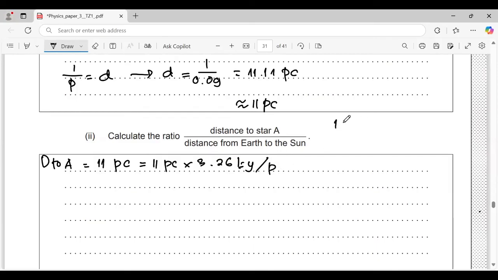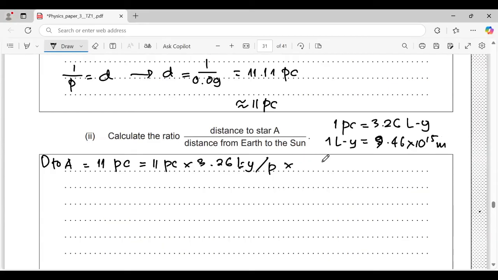Because 1 parsec equals 3.26 light years. That's 1 parsec. And then 1 light year equals 9.46 times 10 to the power 15 meters. Okay.